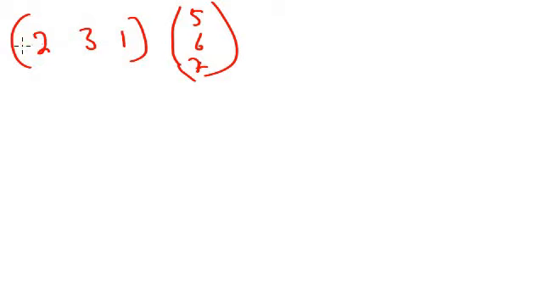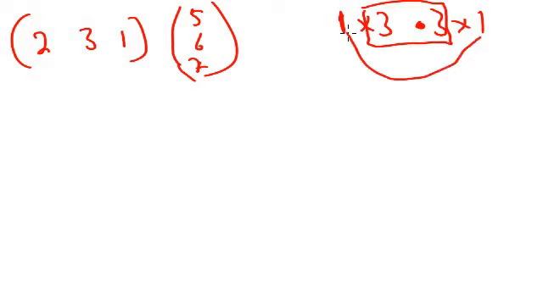The first matrix has just 1 row and 3 columns. So that's a 1 by 3 matrix. Then we're multiplying it with a matrix that has 3 rows and 1 column. So that's a 3 by 1 matrix. So notice that these are equal. Then the final answer will be a 1 by 1 matrix.